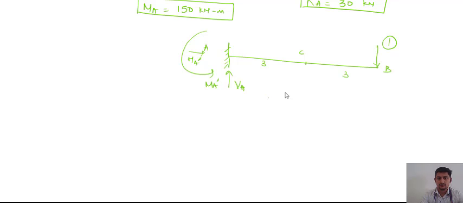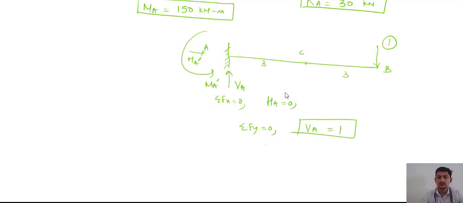So here you have to calculate the reaction due to unit load. So from here HA will be equal to 0 as per summation Fx equal to 0. Second equation of equilibrium is summation Fy equal to 0. From here you will get the value of VA equal to 1.